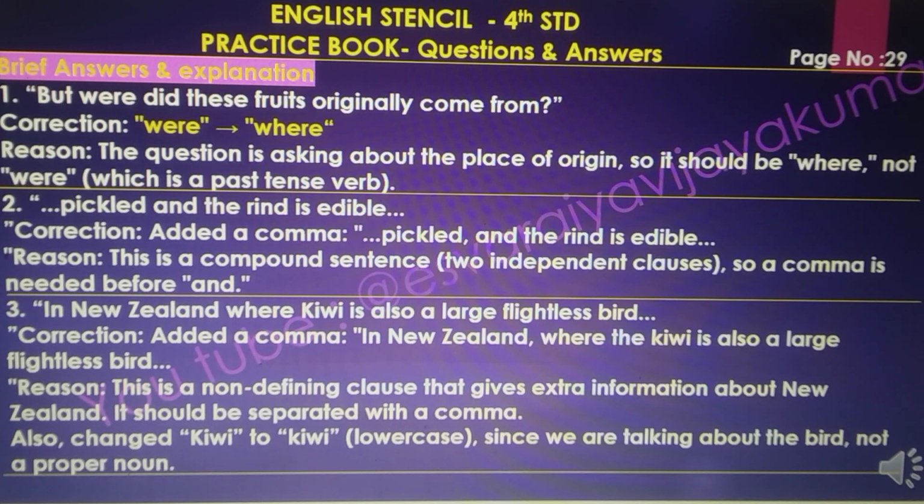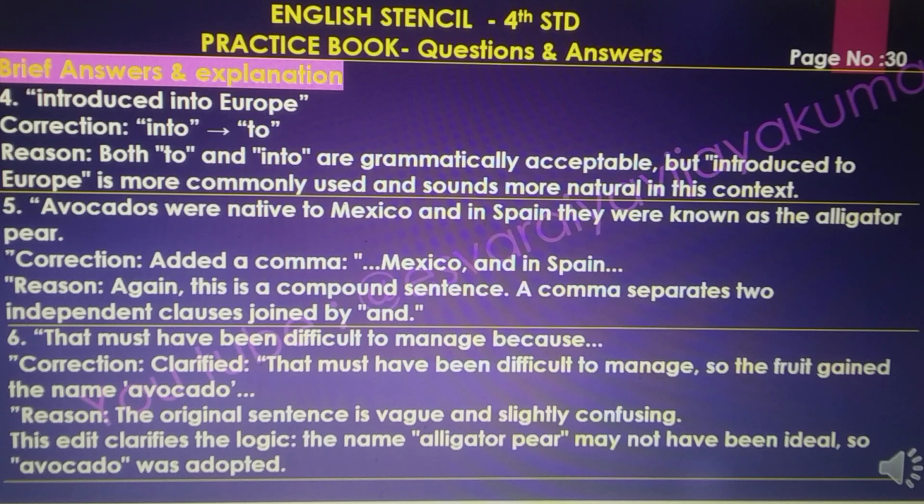Also change Kiwi to kiwi in lowercase, since we are talking about the bird, not a proper noun. Question number 4: introduced into Europe. The correction: into to "to". The reason: both "to" and "into" are grammatically acceptable, but "introduced to Europe" is more commonly used and sounds more natural in this context.